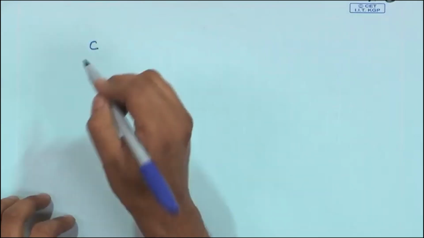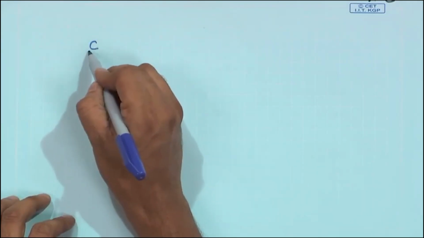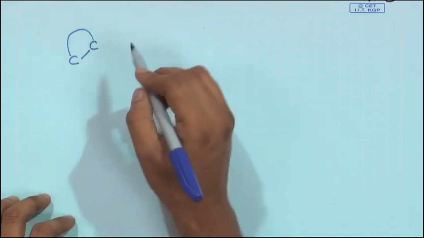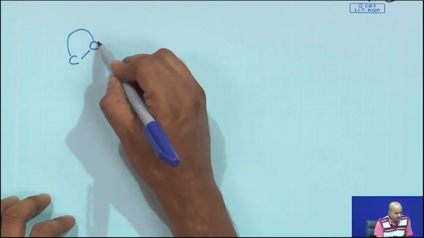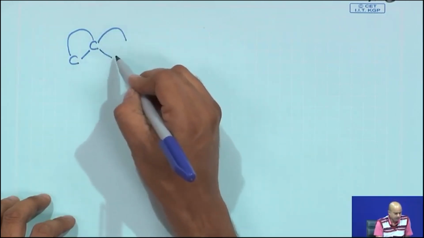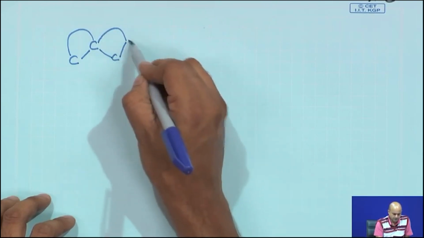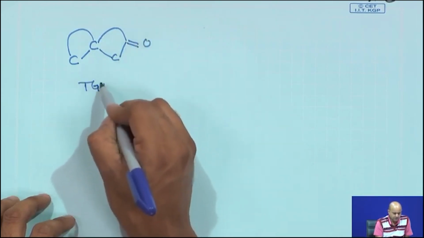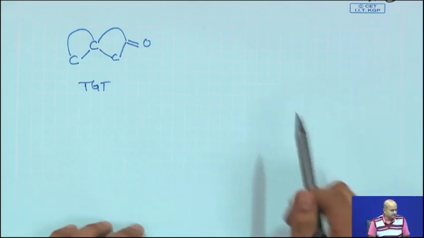Similarly, you can have another target. I am just giving you a schematic view, and I say this compound has this structure. It is a kind of spirocycle structure.